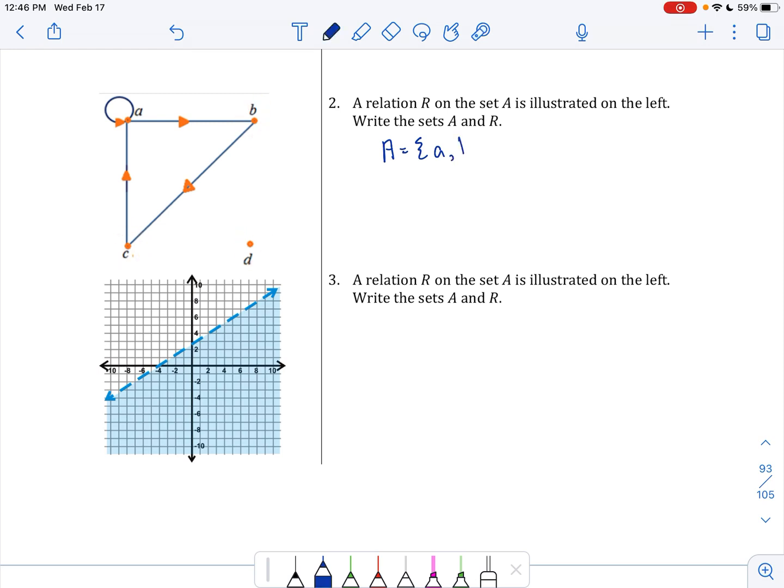So that's what A is. Now R is going to be each of these lines represents one element of R, where the start of the line is the x value, and it goes towards, so you have to follow the arrows, the y value. So this point here, a is the x, going to b is y. So (a, b) is one of the elements of R.